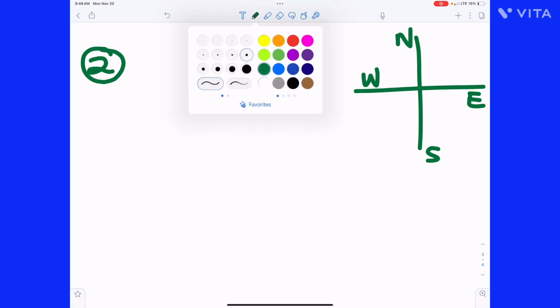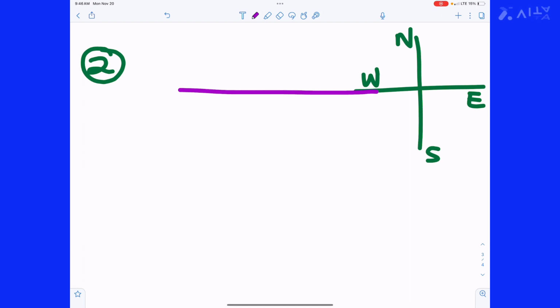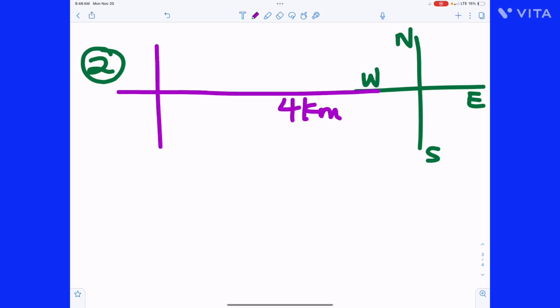A man walks 4 kilometers due west. So let's mark 4 kilometers here. Hold on, let me make that neat enough. Okay, 4 kilometers due west means he walked on this axis. So you can put 4 kilometers here. Let's make S the starting point because he started from here.